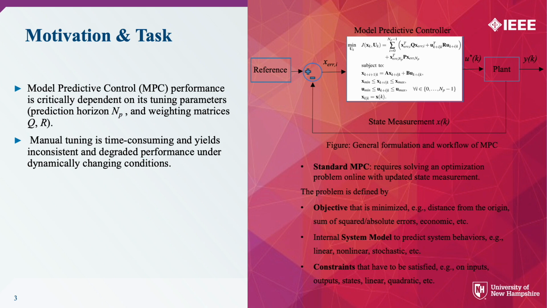Not only is this method super time consuming, but the resulting performance is often inconsistent. Because the parameters are fixed, the controller's performance easily degrades when the system operates under dynamically changing environment conditions, as it simply cannot adapt.